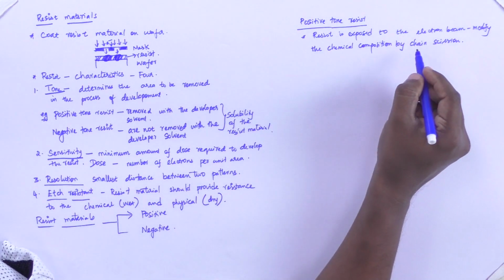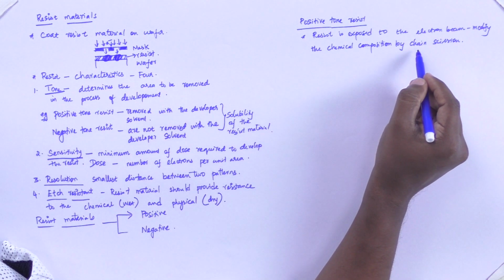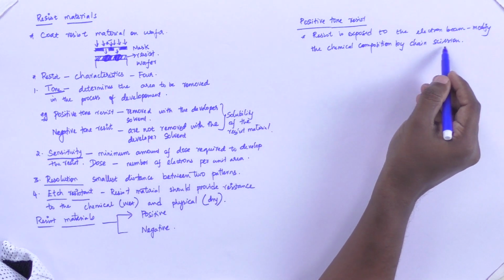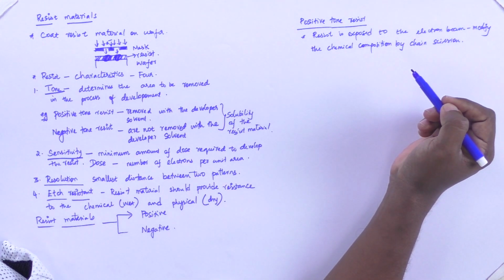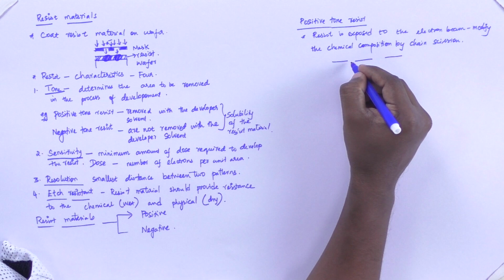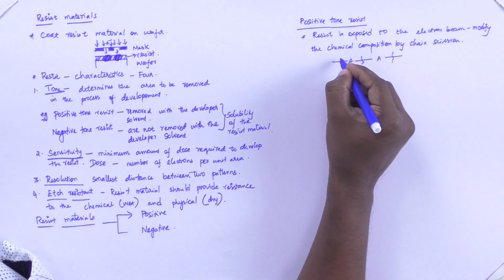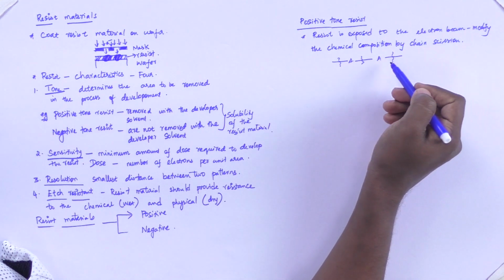So this resist material, mostly a polymer, will be subject to chain scission when it is exposed to electron beam. If you think that you have a chain like this of elements, it will cut these bonds. So this is nothing but chain scission.